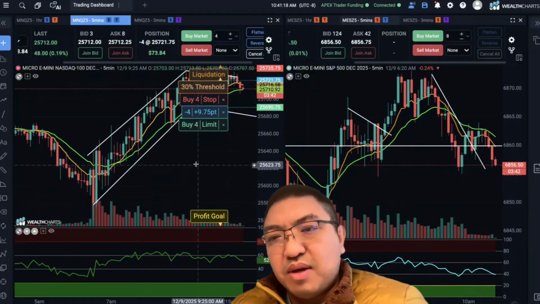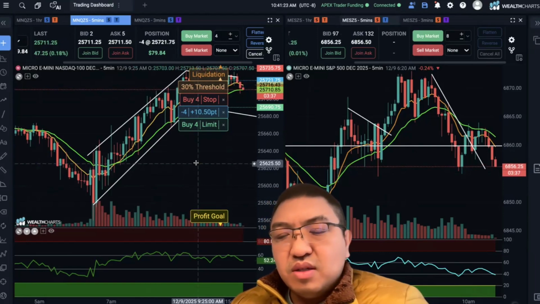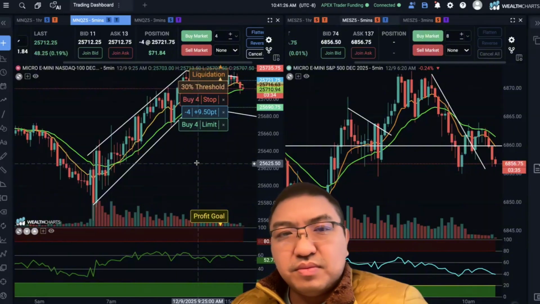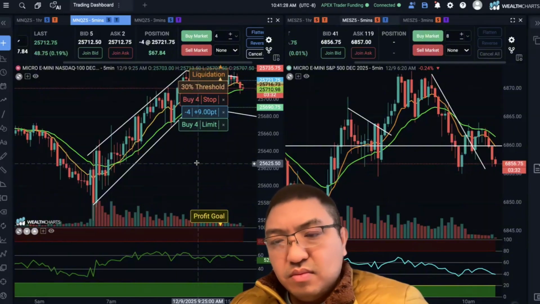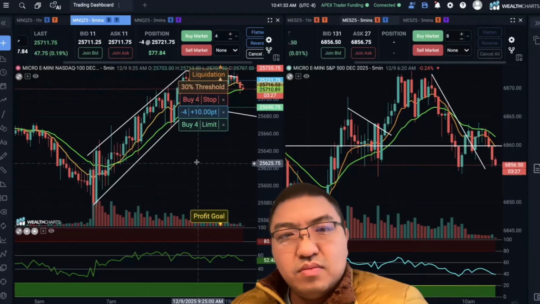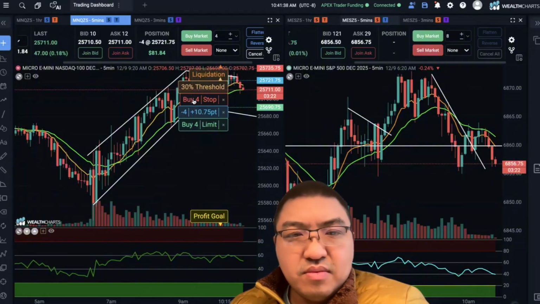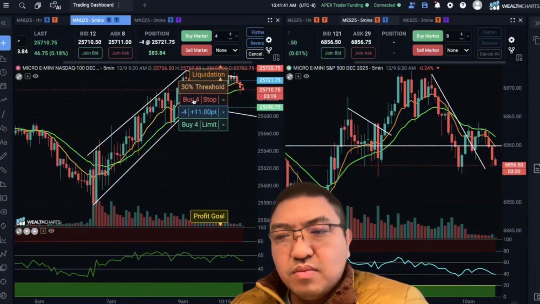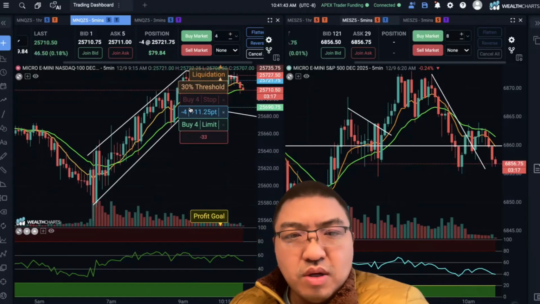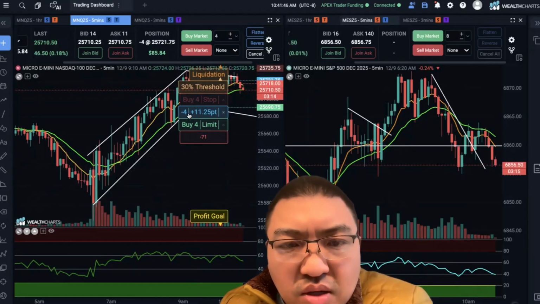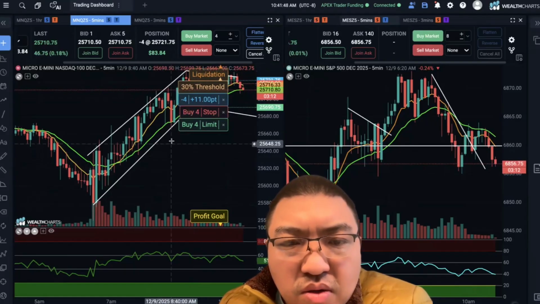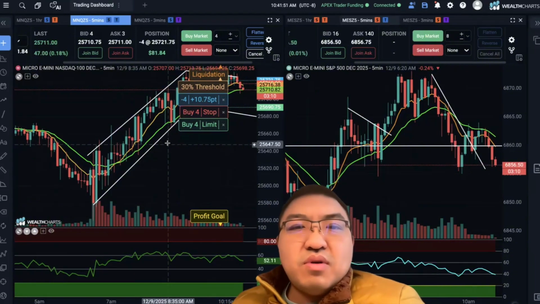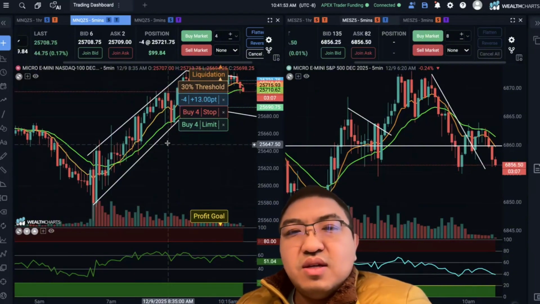Okay, build the reverse cup handle. Shoulder, head, shoulder. Keep going, yes. No, NQ is hesitant to go down. Okay, let's move the stop loss. So anyway, we can never lose in this trade.